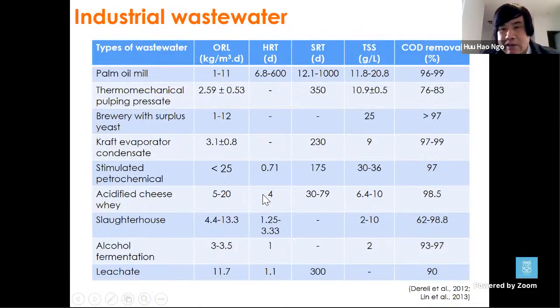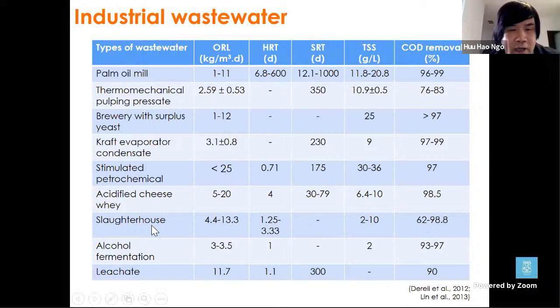treatment technology. What we see from here is that the COD removal is not too bad, especially for palm oil mill, from 96 to 99. For example, the brewery with spent yeast is more than 97, and the crop evaporator condenser is 97. Only a few vary a lot.